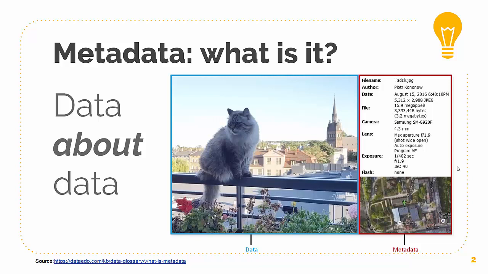This information here includes technical specifics, so what type of camera was used, the size of the file, and the exposure, but it also contains information about the author, the file name, and if geolocation's turned on, the exact location where the photo was taken.